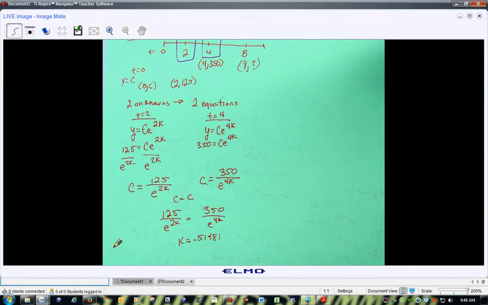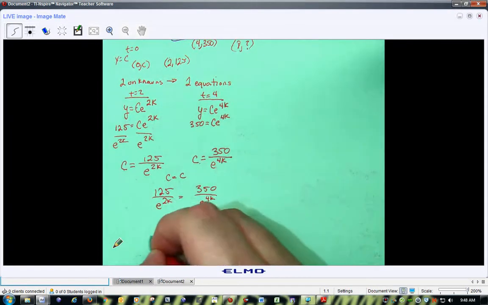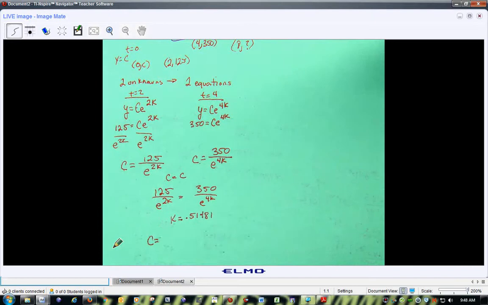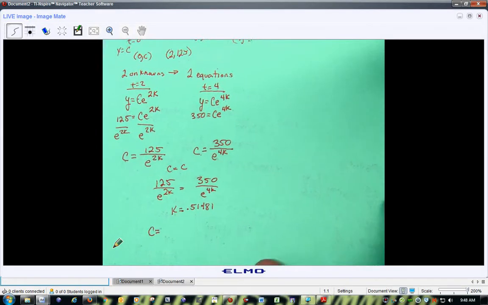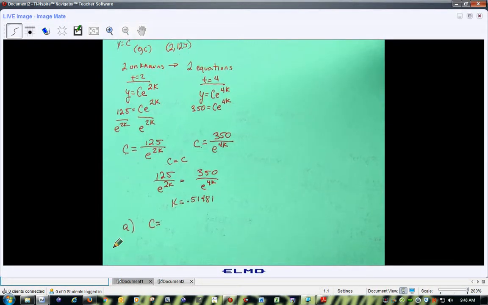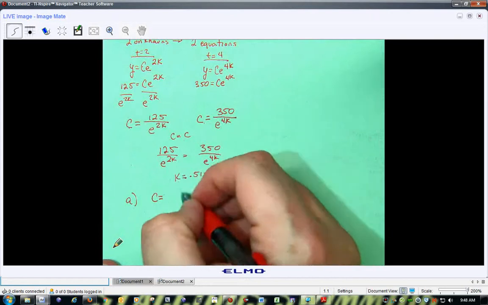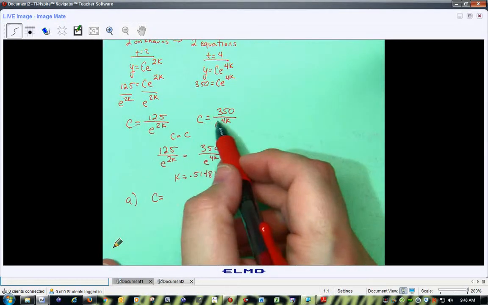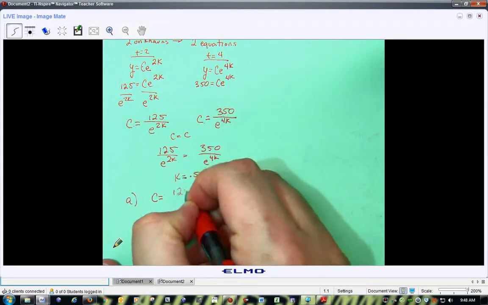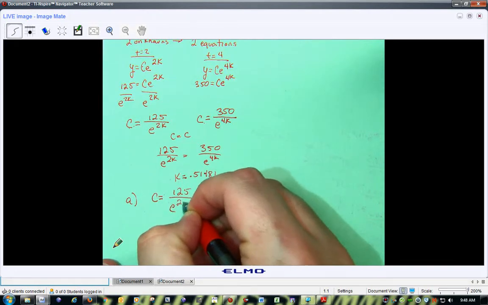Alright, so we got this guy. Now I need to figure out what C is, because part A says, what's the initial population of bacteria? Well, now I know what my K is, so I just have to take either this C or this C. I'll take the first one, 125 over e to the 2 times A, because that was my K in the calculator.